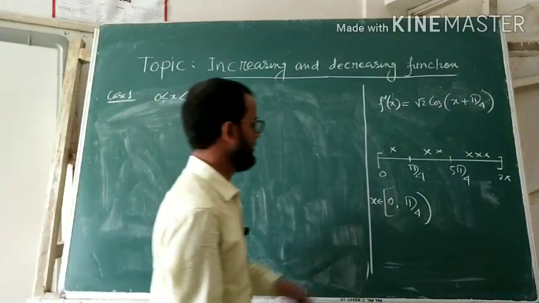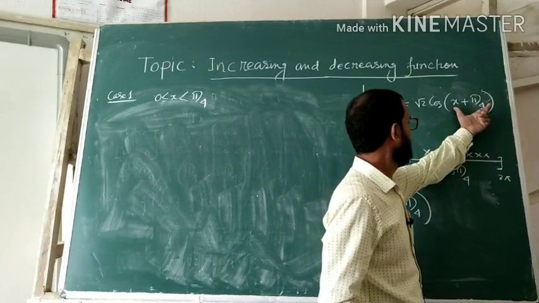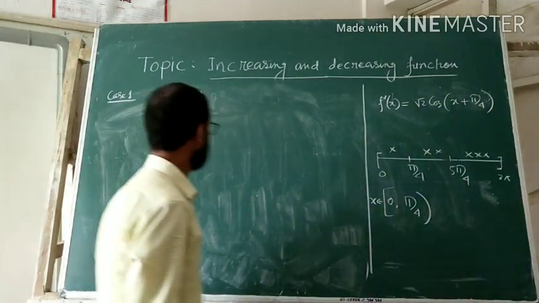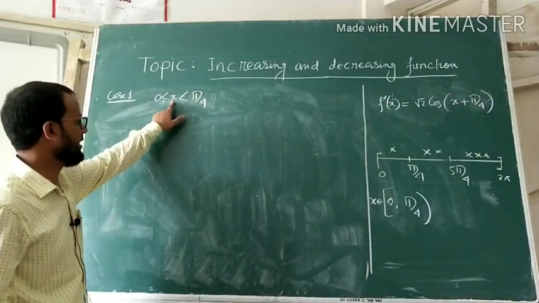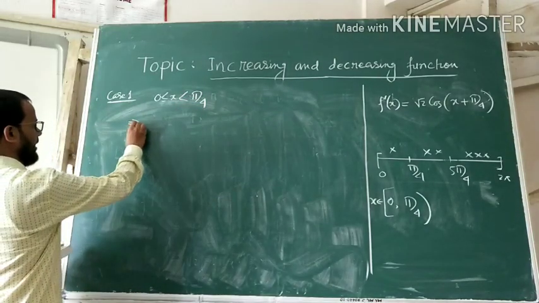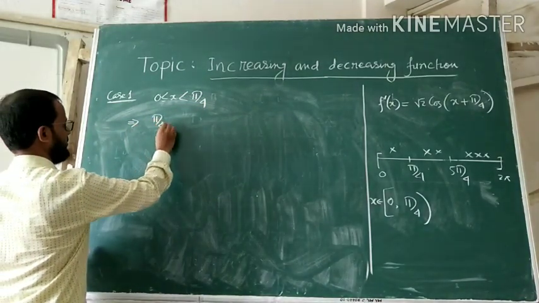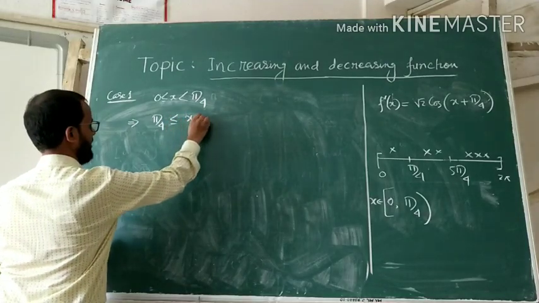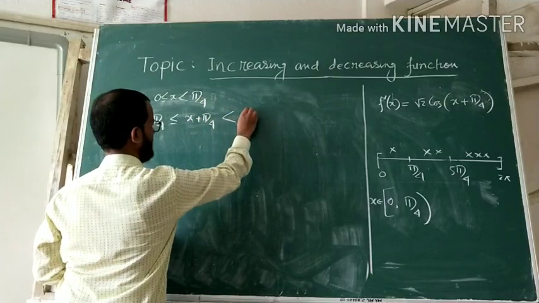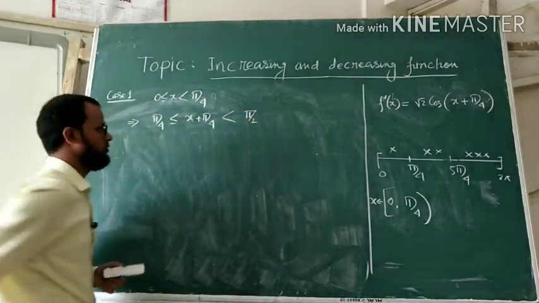Now in this function, x is replaced by x plus pi by 4. So our main objective is to make x into x plus pi by 4. We do it by adding pi by 4. Then it will be x plus pi by 4, and the range becomes pi by 4 to pi by 4 plus pi by 4, which equals pi by 2.